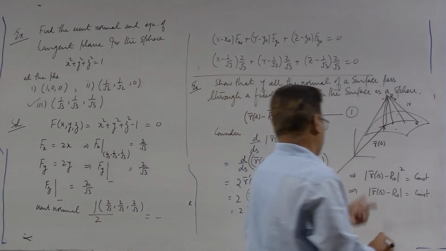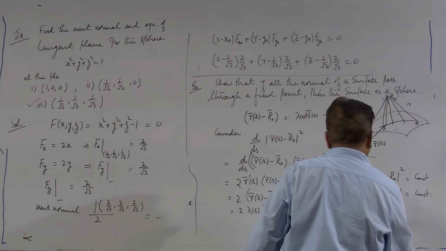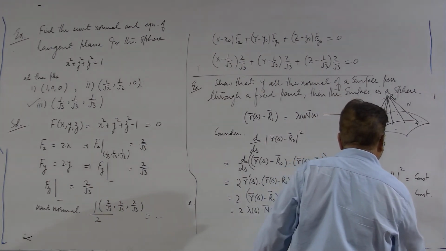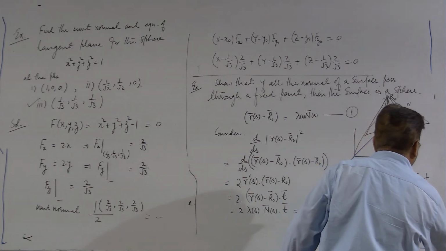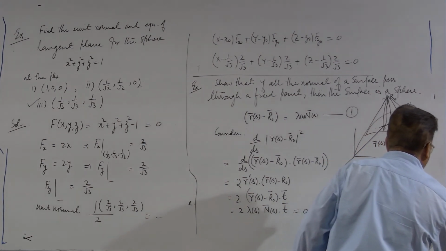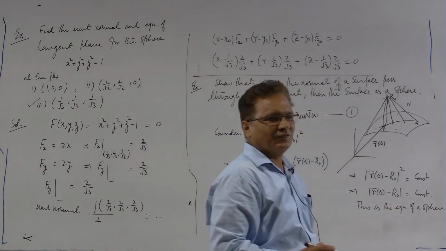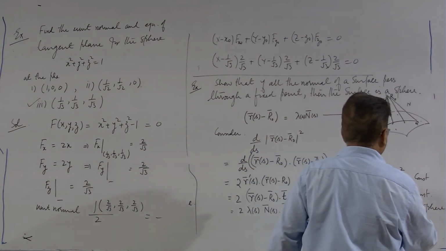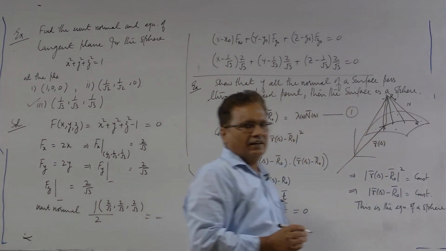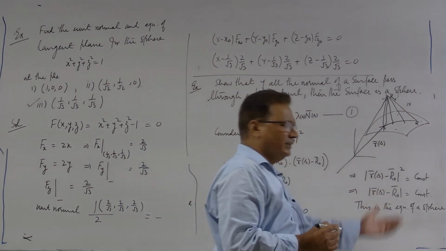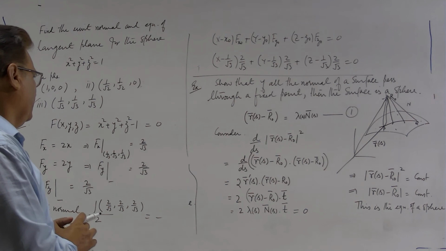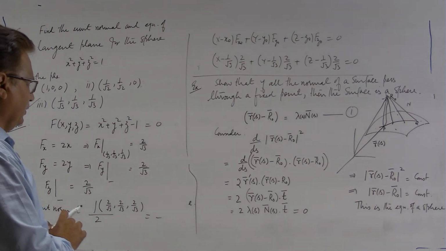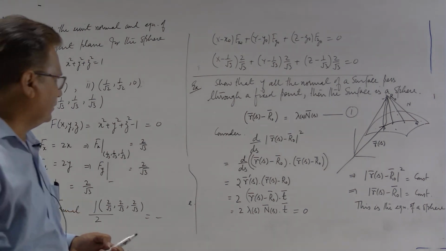And this is the equation of a sphere. Which sphere? Whose center is R0, a point whose position vector is R0. So you can write down the details by yourself. The overall imagination should be there, how to go about it. All right. Okay.